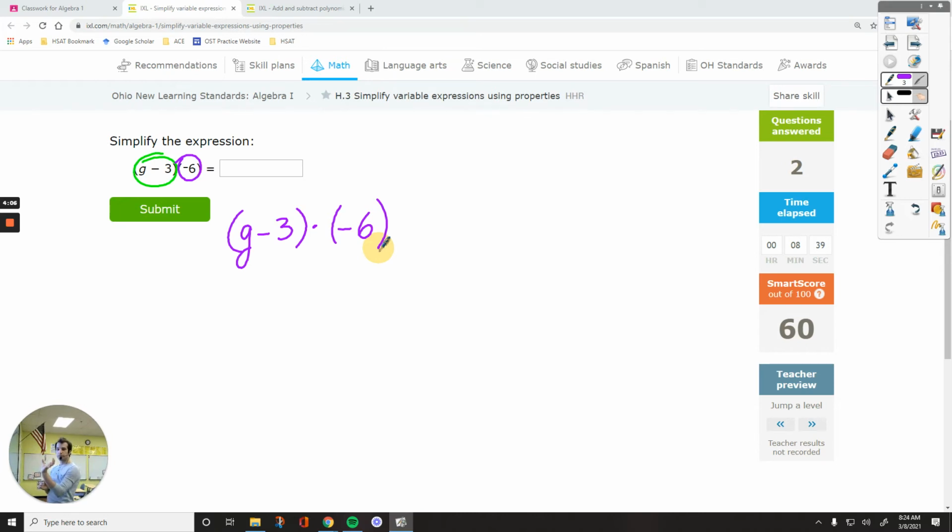Whatever you have in the first parentheses should be multiplied by whatever you have in the second parentheses. So multiply these two. That way I'm done with half of the first term, but there's that negative 3 that I need to multiply by negative 6 as well. That's going to be my next step. So the first step is g times negative 6, which is just negative 6g.